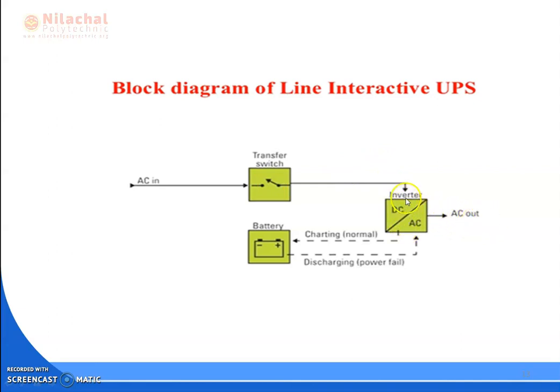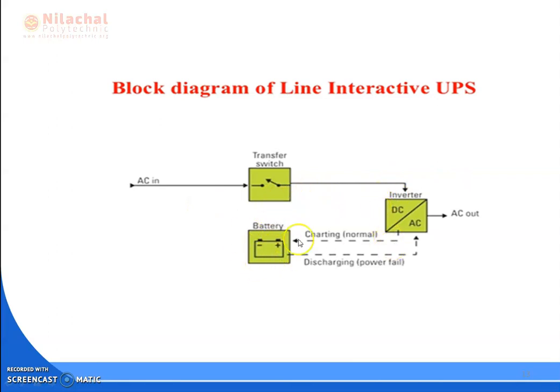Simultaneously, at the same point of time when the main AC is present, it charges the battery in normal mode. But when the AC current stops, or we can say when the power goes off, this transfer switch is opened, so that no AC flow goes through this way.